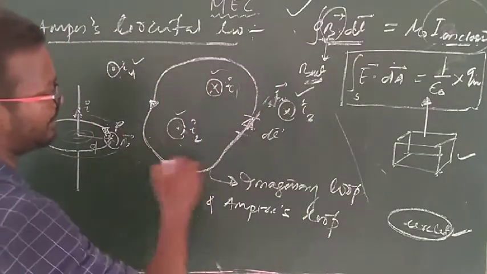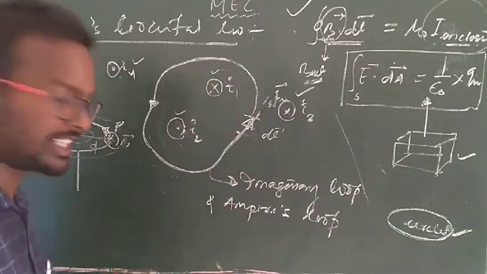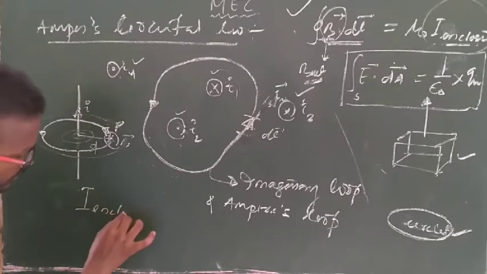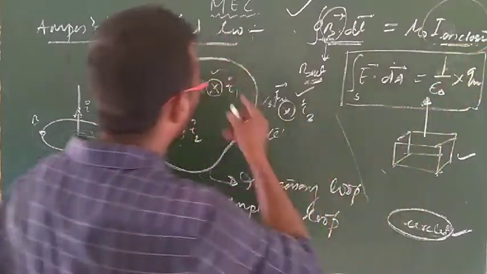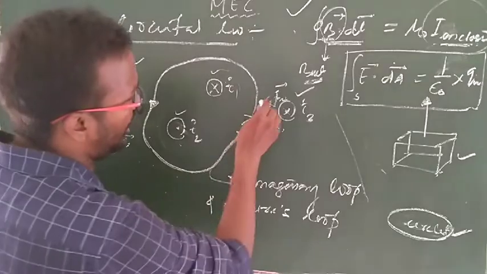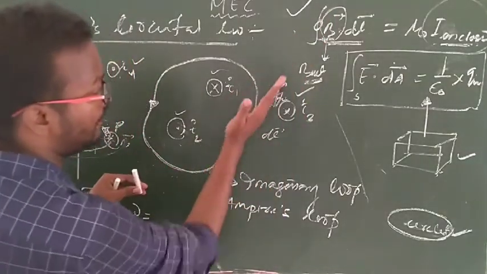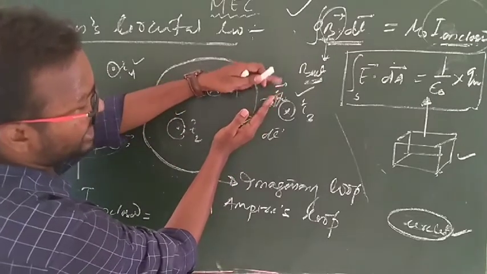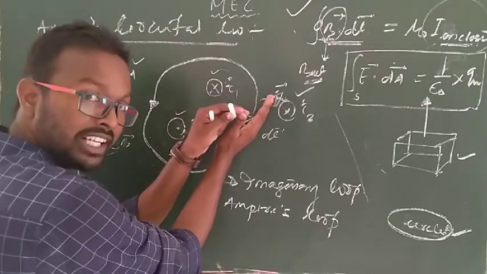But there are two types of current, one going inward and one going outward. So we can write I enclosed. I enclosed means the total current within the Amperian loop, because this is the direction of the magnetic field, which is outward. If this is the direction of the magnetic field, the tips of the fingers indicate the direction of the magnetic field, and the thumb indicates the direction of current.